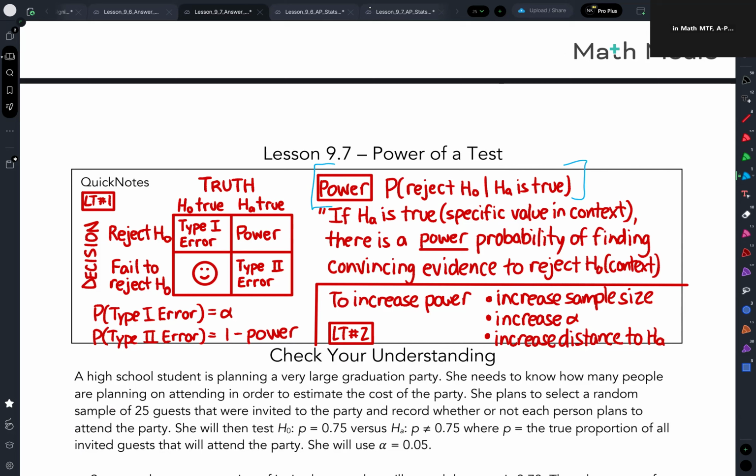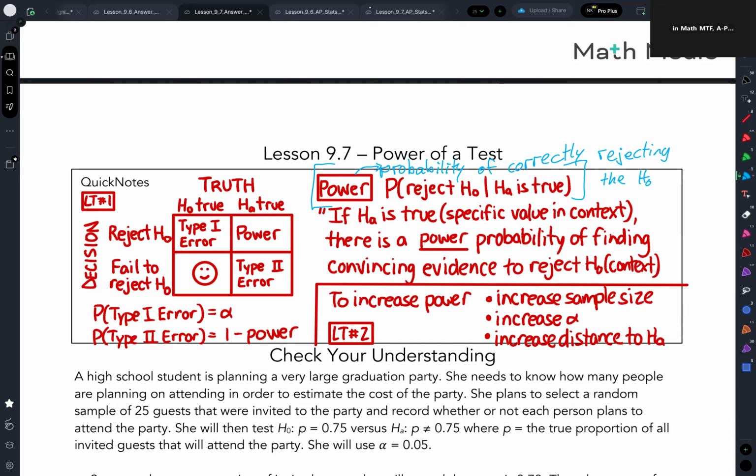I think this is the cleanest way to understand it: it is the probability of correctly rejecting the null hypothesis. Not sure if I read that somewhere or if I made that up or I heard someone say it, but that's been the way that it's always resonated with me.